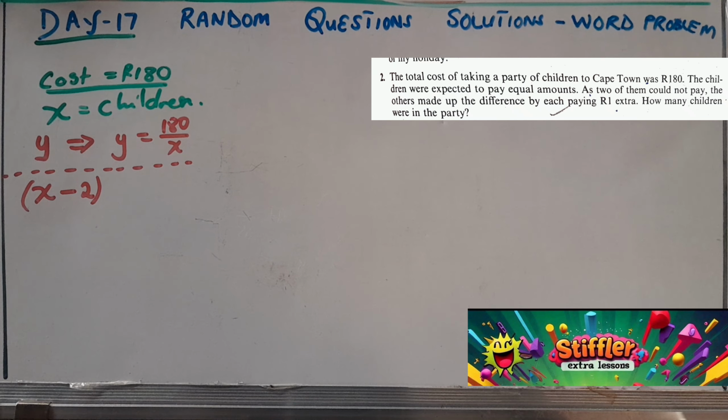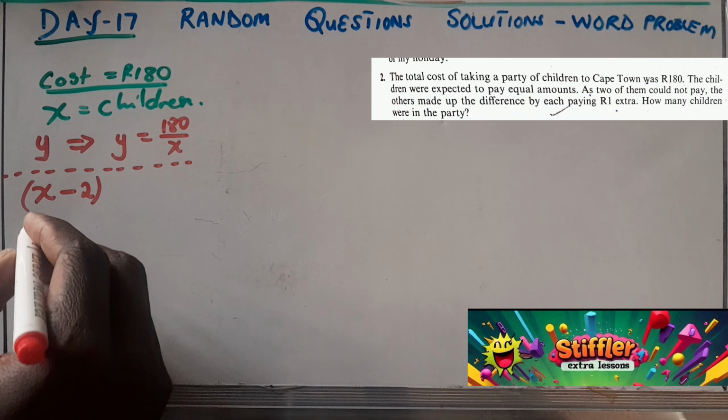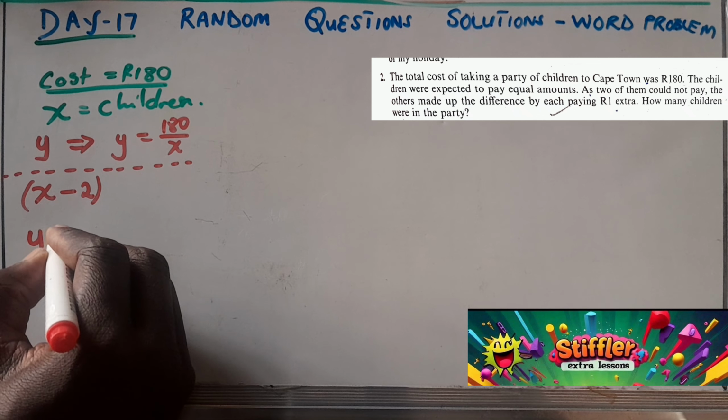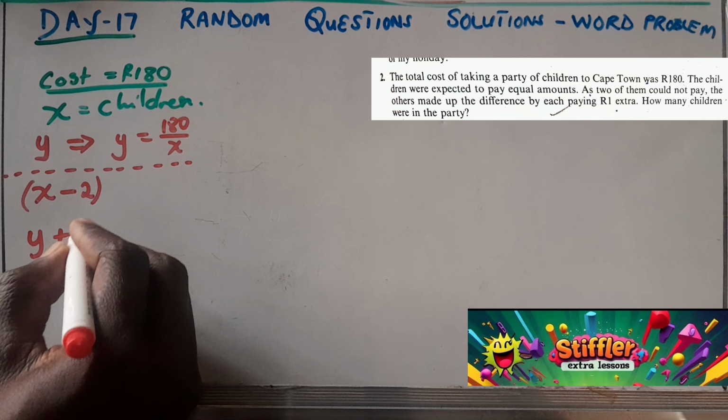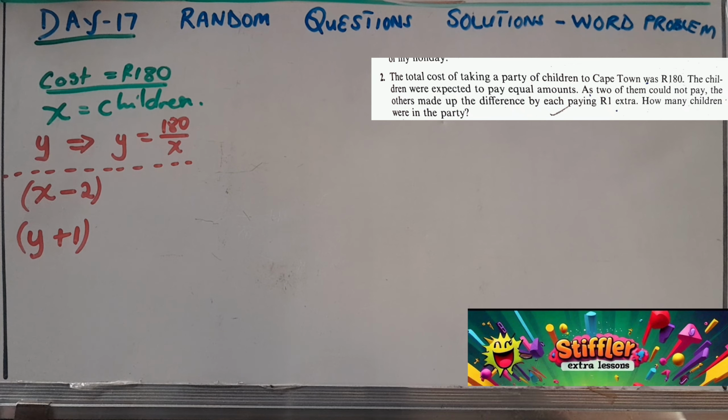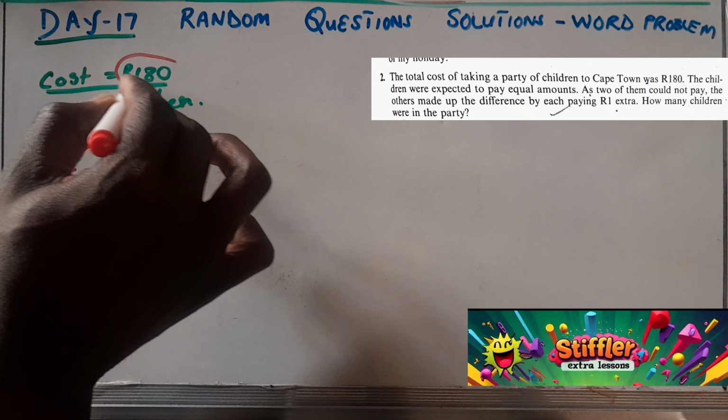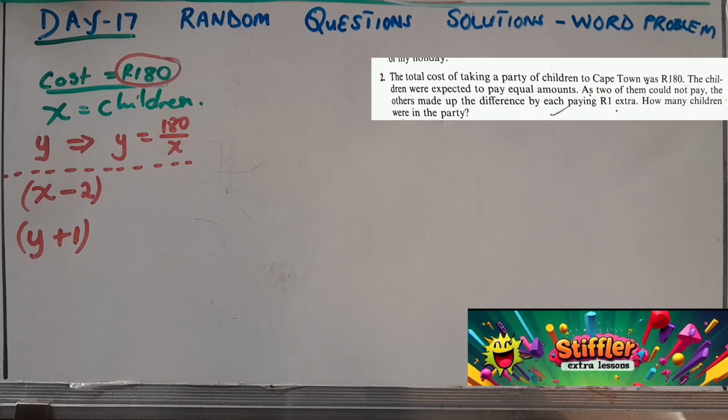However, the remaining kids just paid an extra 1 rand to cover for the ones that could not pay. So the new cost per child was y plus 1 rand, right? But the total cost has to be 180.